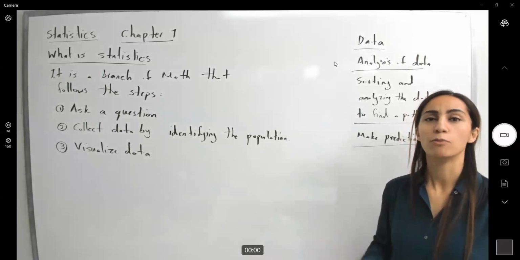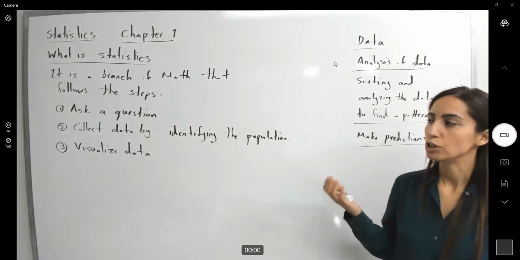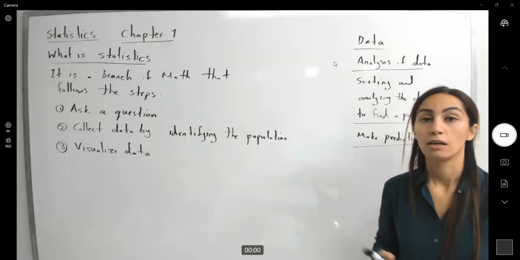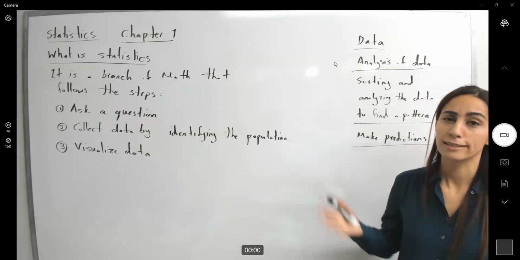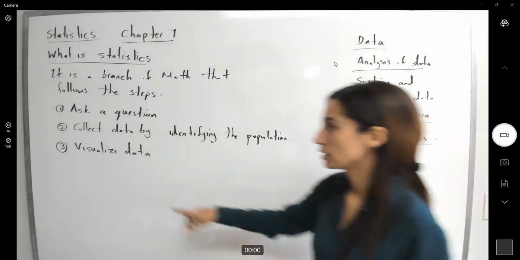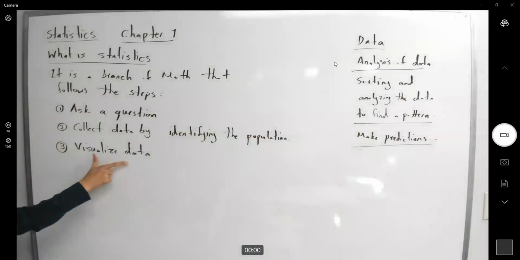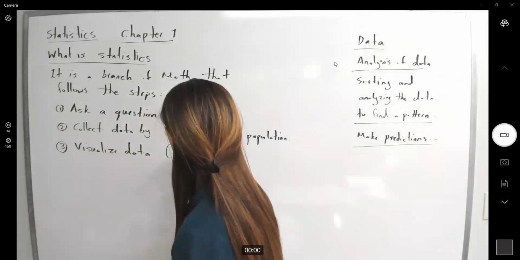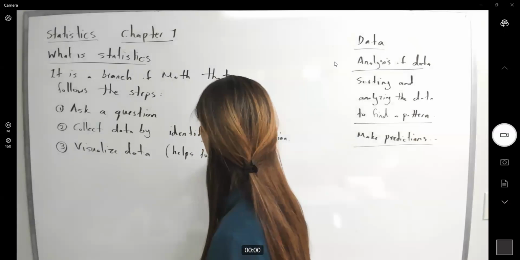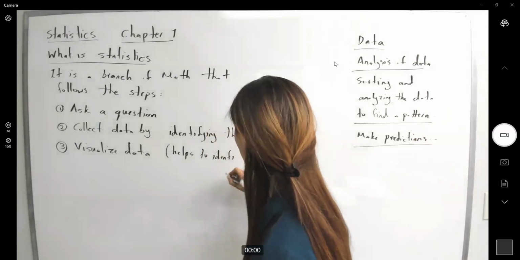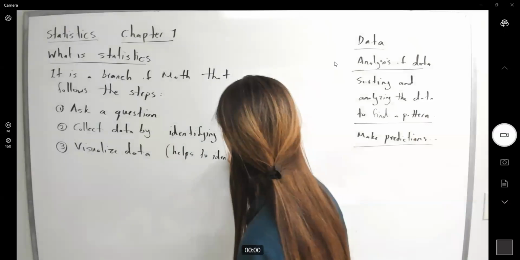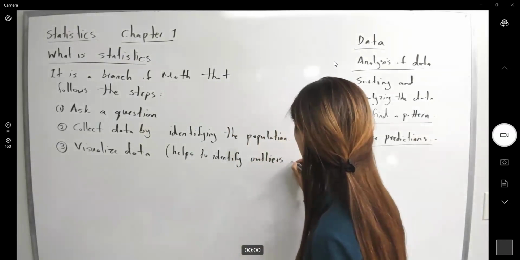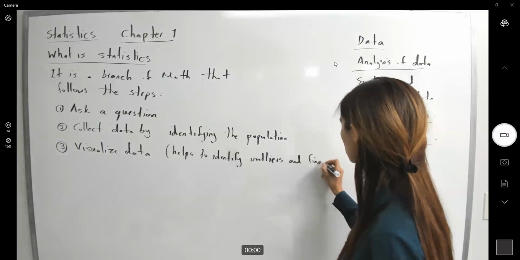But if you have more data, we use software like Excel, Python, SPSS, SAS, and so on. That's how we visualize the data. Again, it helps us to identify outliers and find patterns.